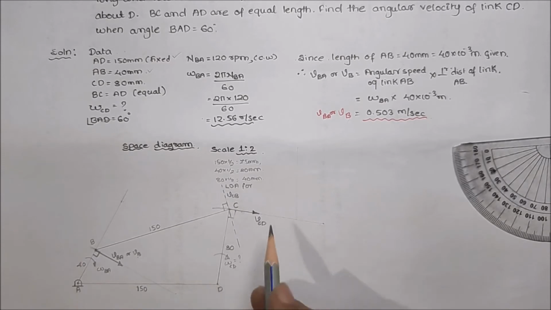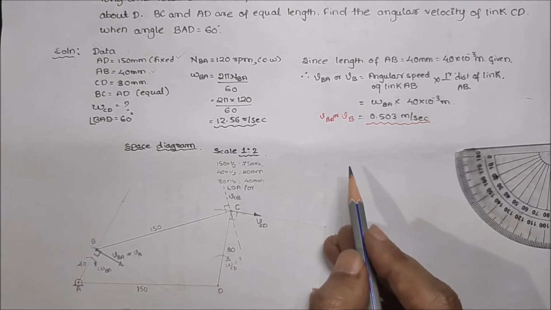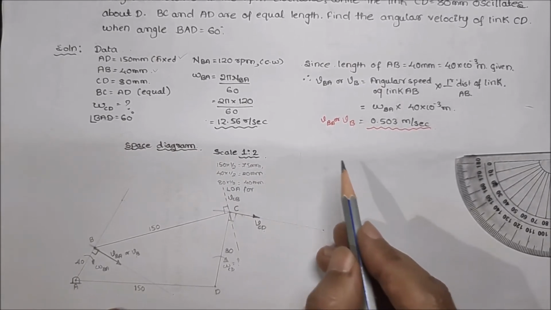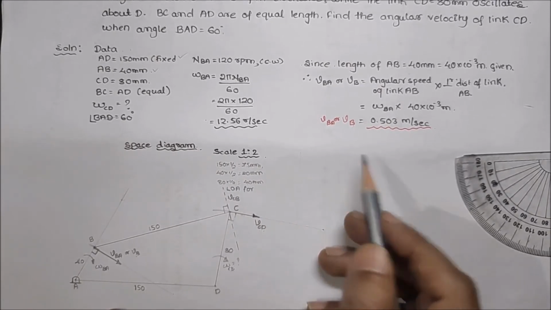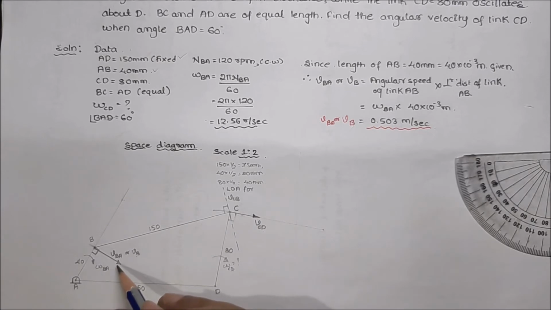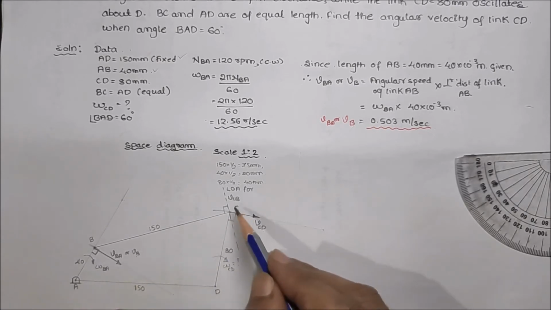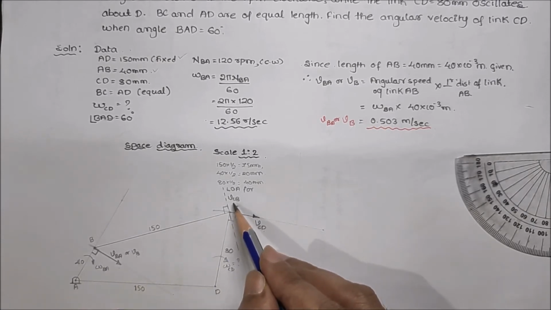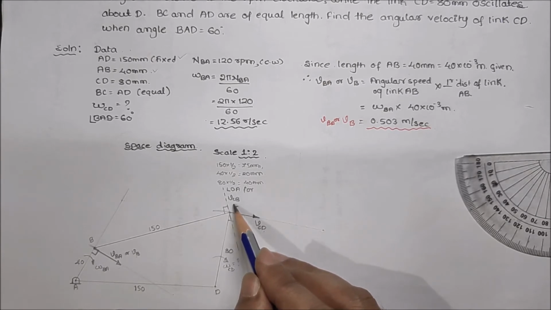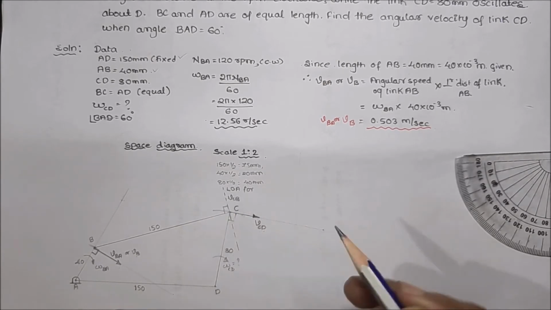For that, to find out the velocity of CD, we have to go for a velocity diagram. So we should draw the velocity diagram. One component, the velocity of B, is known; another component, CB, is unknown, but its line of action is known.